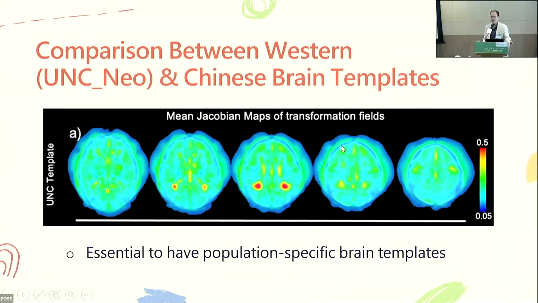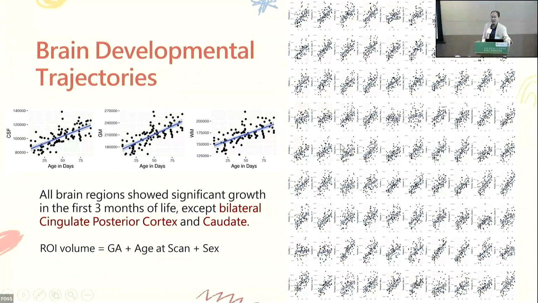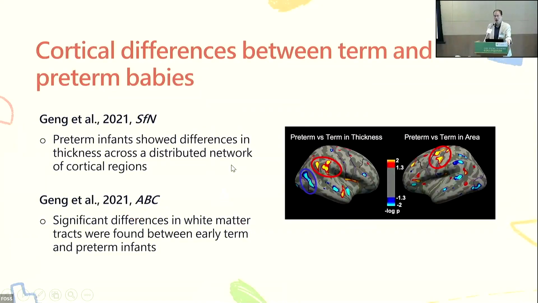So we published that. With that, we can now really analyze the brains of preterm infants and term infants in detail. We look at their developmental trajectory across the 3 years of life. You can see that there's a linear trajectory across many different regions of the brain. Now we're waiting for more outcome data to come back, but we're using these data, the thickness and the volume of the different brain regions, to construct predictive models about language and cognitive development.